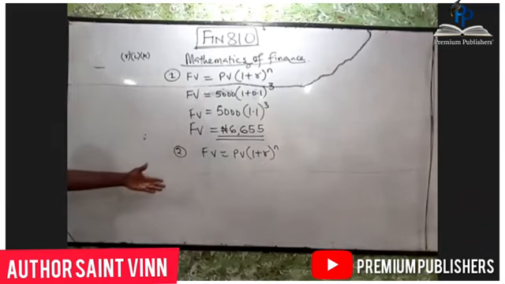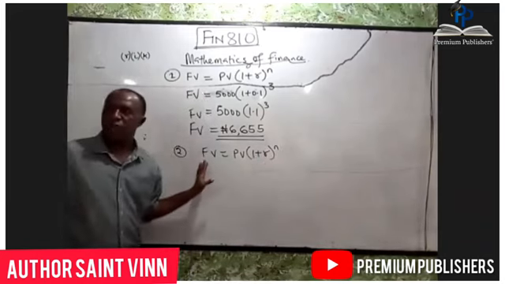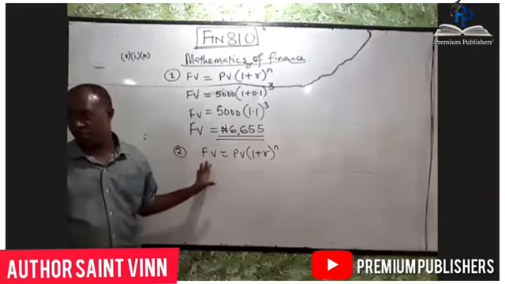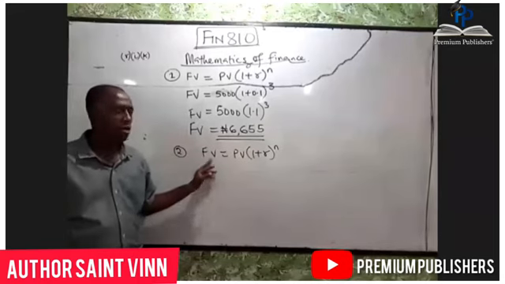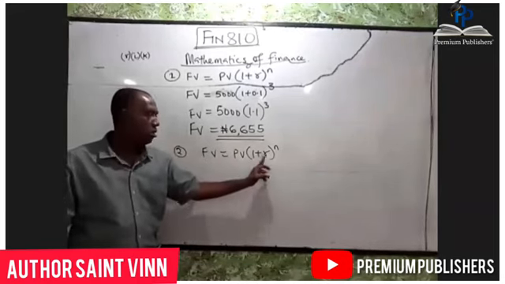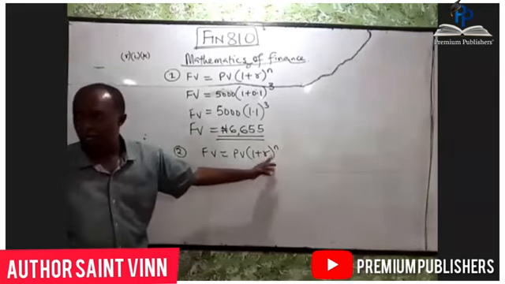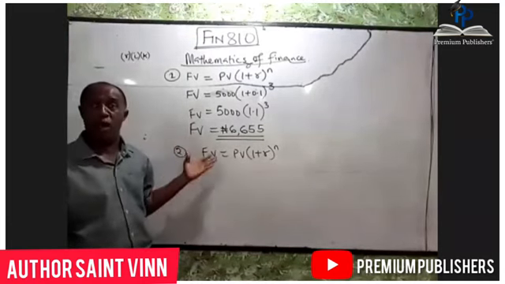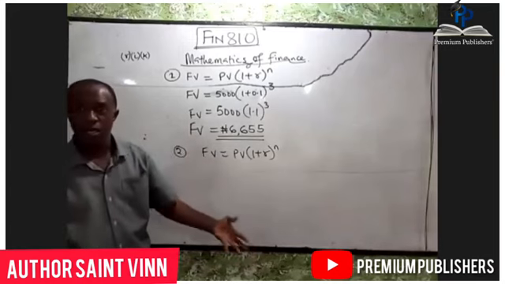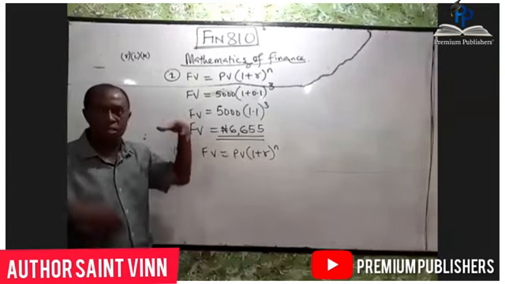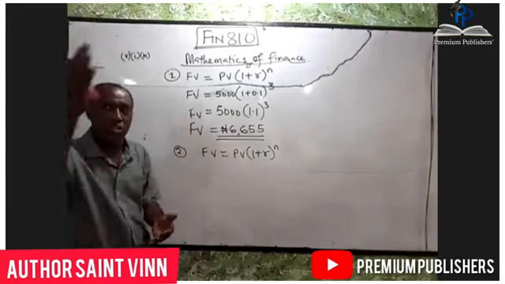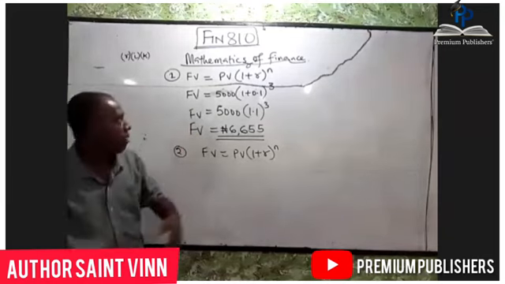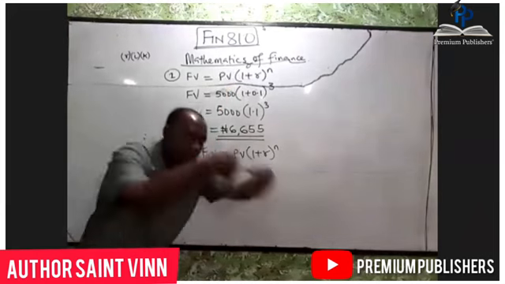If you look at this formula very well, you will agree with me that the formula is made up of 4 components. Future value, present value, rate, which is R, and N. In this first question, we have just found one of the components, which says find the future value of 5,000 naira deposited in a savings account that pays 10% for 3 years.